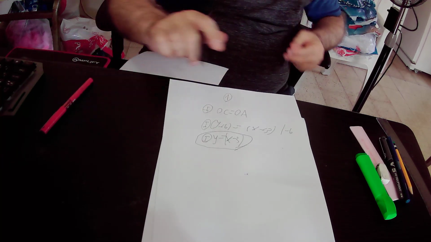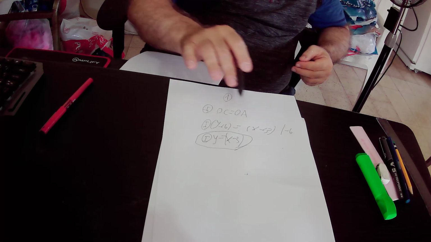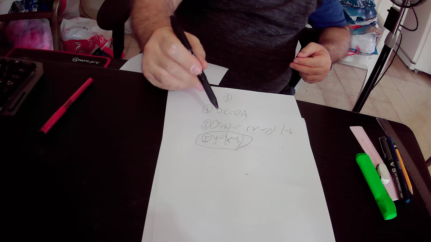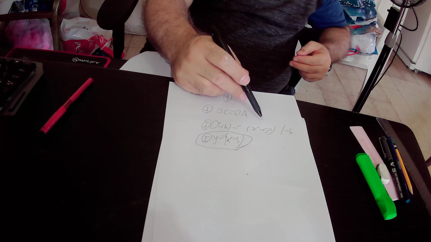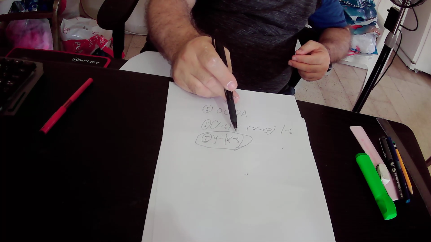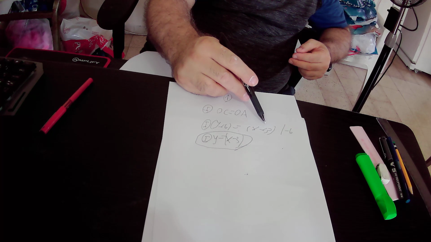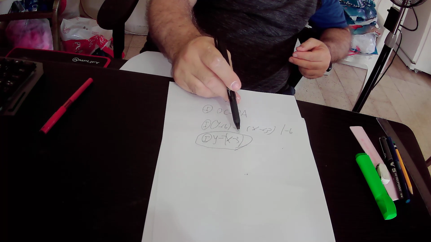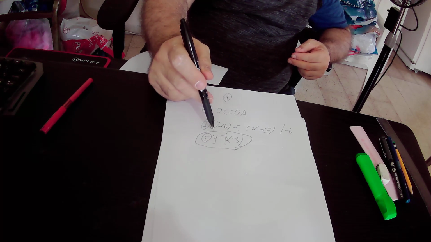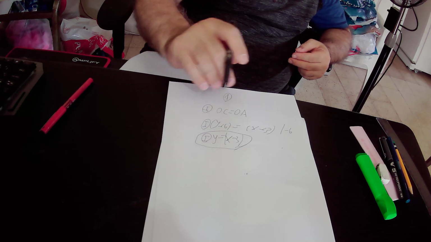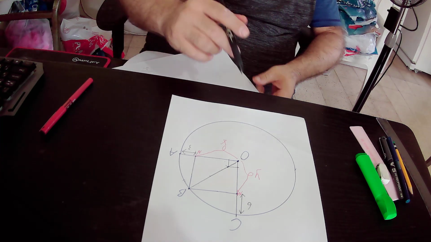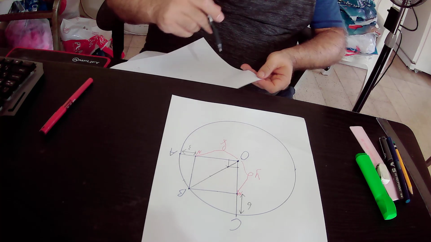Y plus 6 minus 6 equals Y, and X plus 3 minus 6 equals X minus 3. So actually we got that Y equals X minus 3.